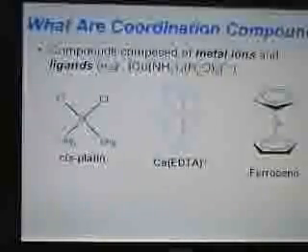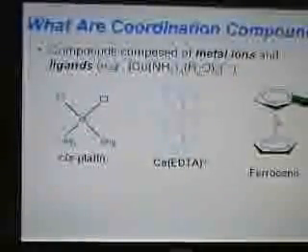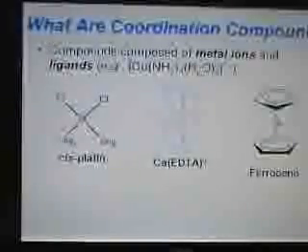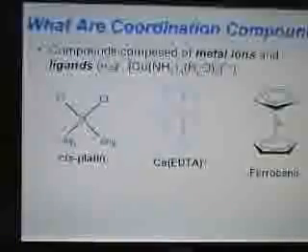In the third example, you see an iron cation bonding to the pi systems in two cyclopentadienyl rings. We'll talk about all of these different types of coordination compounds as we proceed.